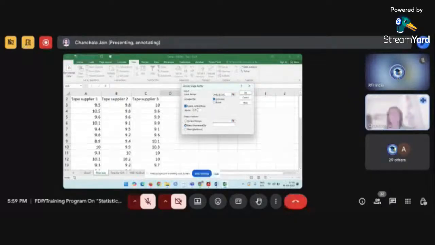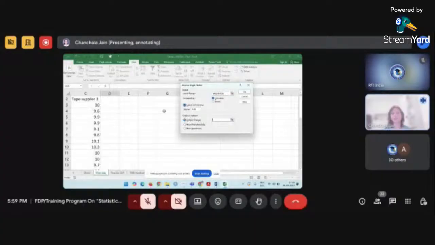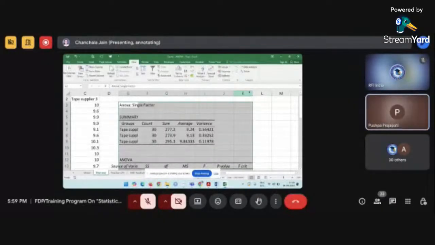I'm not making any changes. I'll come to this and give the blank cell reference here to get my output. Shall I go ahead? Everyone, may I click on OK now? Yes, ma'am. Everyone is getting the output.